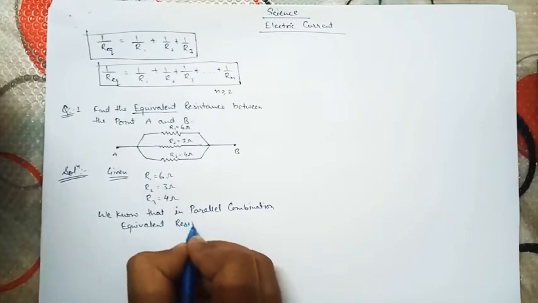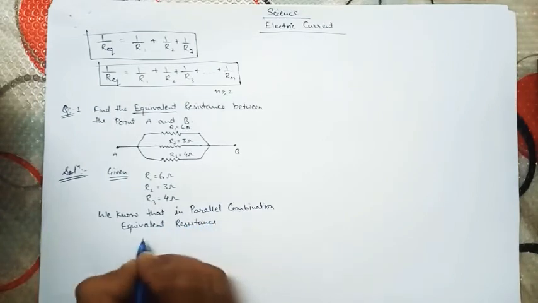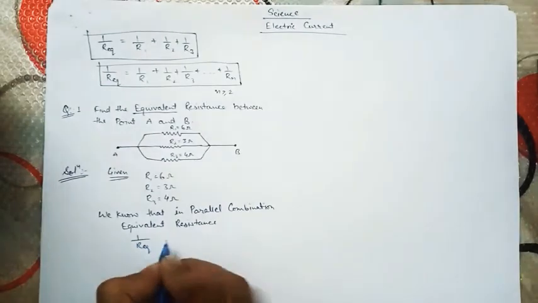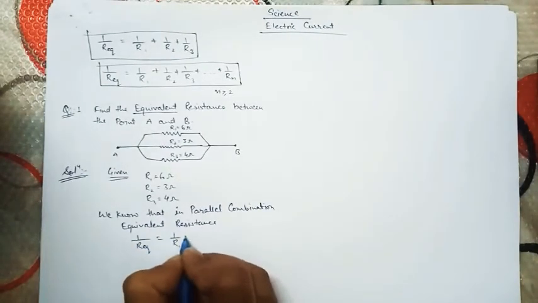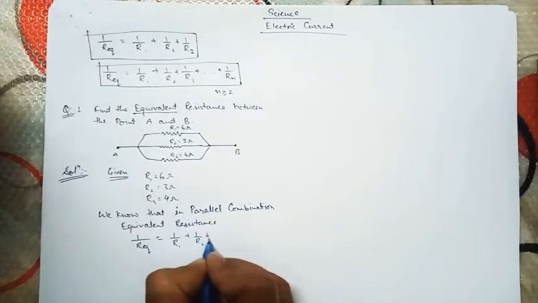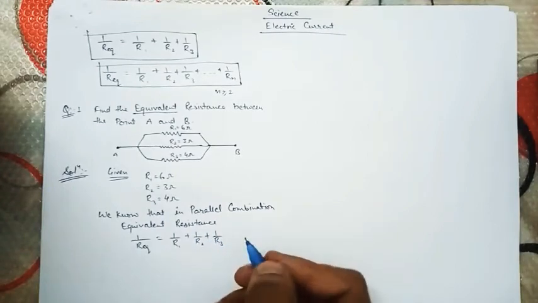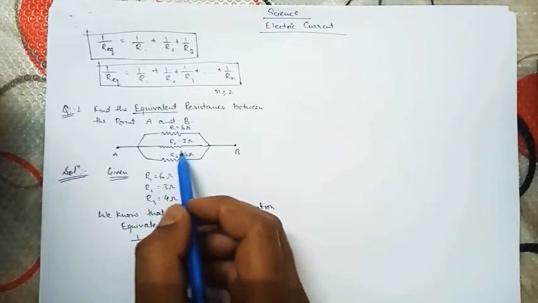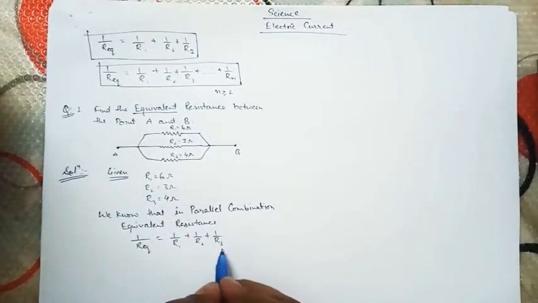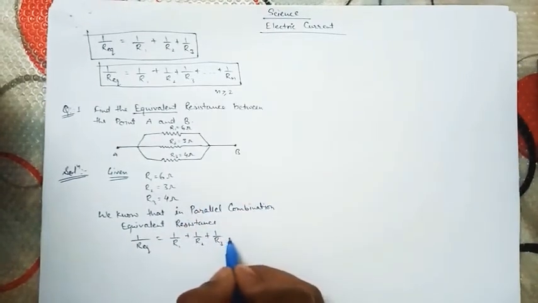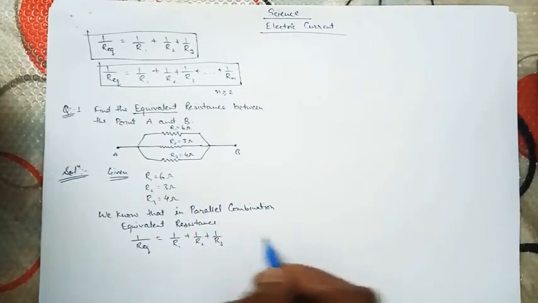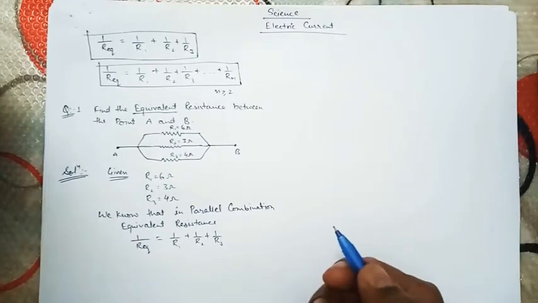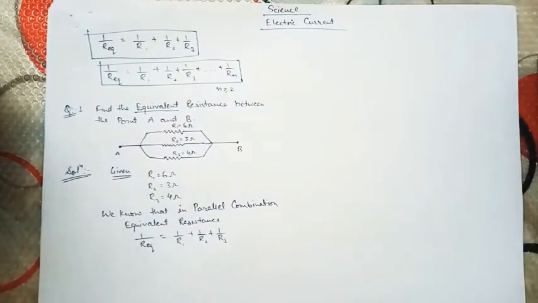That is 1/R equivalent equals 1/R1 plus 1/R2 plus 1/R3. Here there are only three resistances, R1, R2 and R3. That's why we write down up to R3. If there are four resistances, then we also write down R4. If there are more, say 7 resistances, we write down till R7.